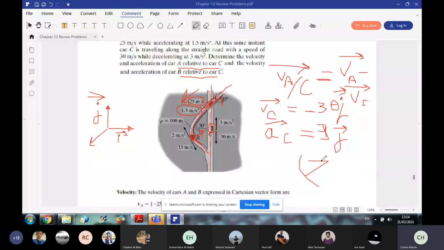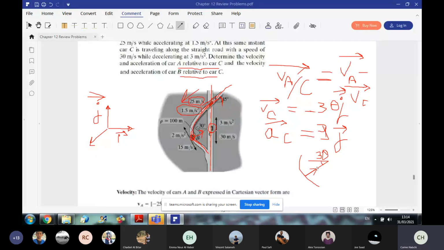This will help me determine the directions of UN and UT, because you know that in a circular path, UN is directed towards the center of rotation. So this is UN, and UT is tangent to the path.